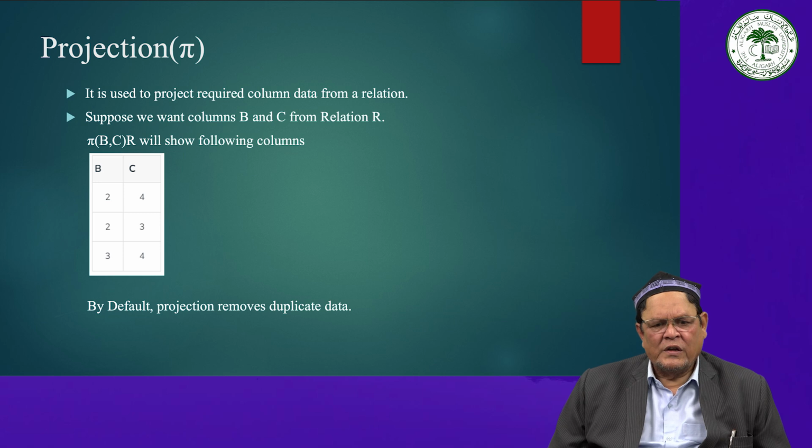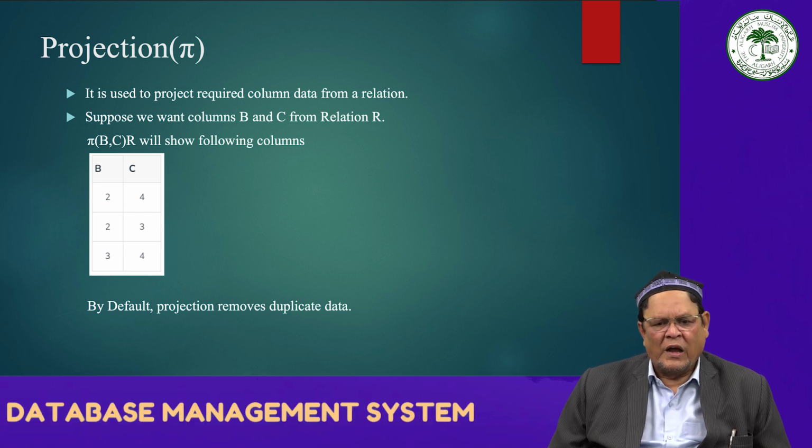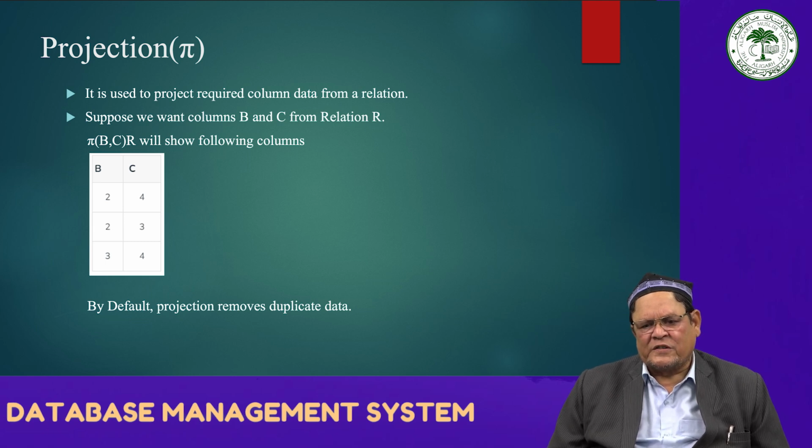For example, in a database containing information about employees, a projection operation may be used to retrieve only the employee name and their respective salary, discarding other attributes such as employee ID, department or hire date. Projection is essential for data manipulation and query optimization in relational databases.